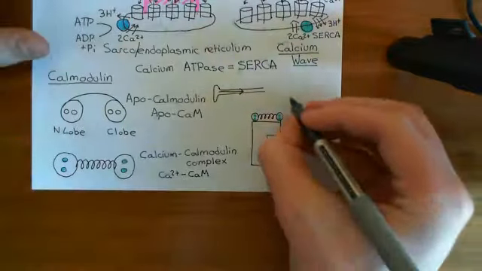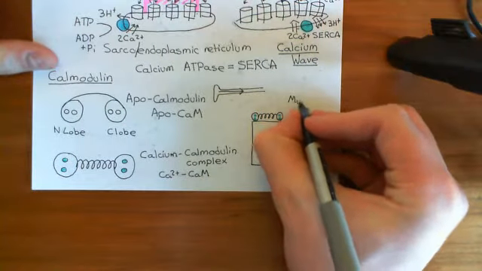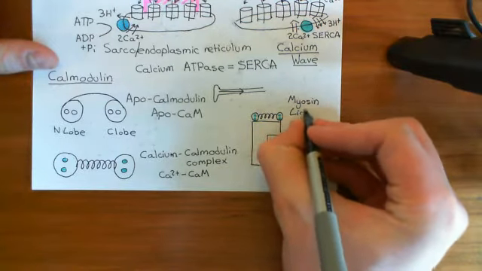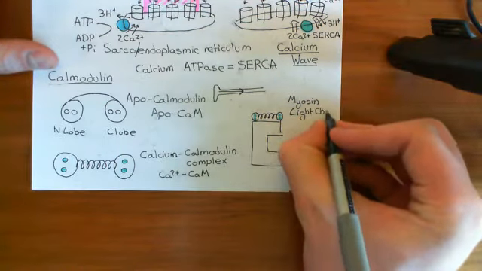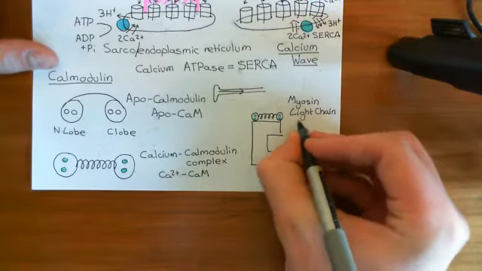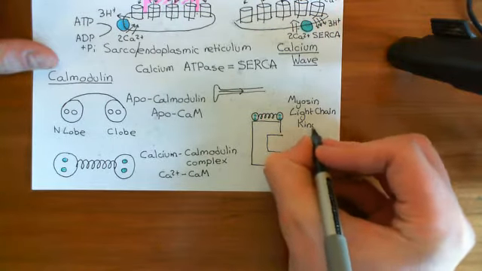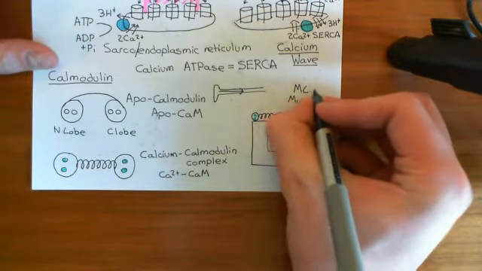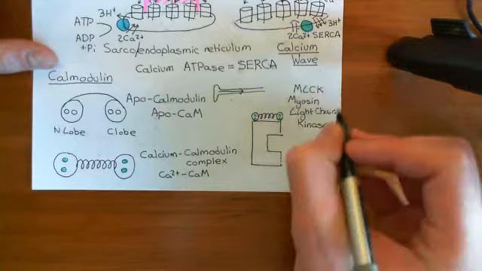Now what is this kinase enzyme? Well, it's myosin light chain kinase. So this is myosin light chain kinase. So it's the kinase enzyme for the regulatory myosin light chain. And for short, myosin light chain kinase is often abbreviated to MLCK.